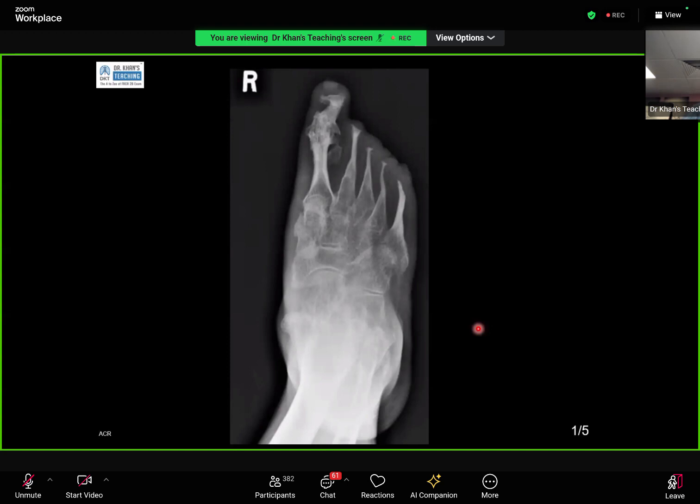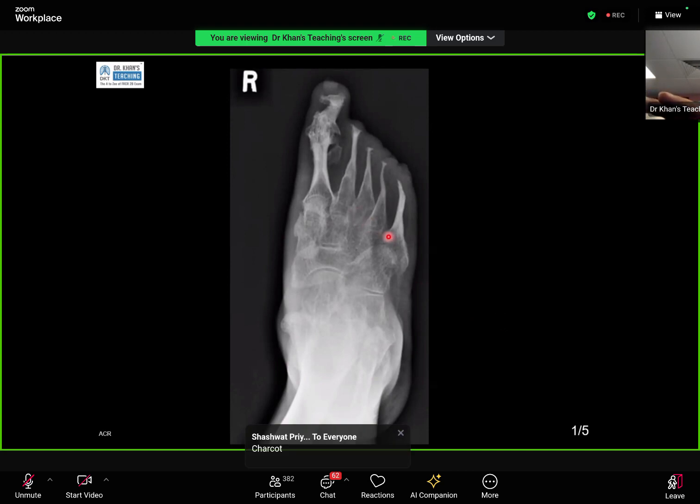Are you sure there is reduced density? No, sir, there's increased density. There are patchy areas of sclerosis, and there's bony destruction, and there's licked candy appearance of the second to fifth toes, with soft tissue swelling.